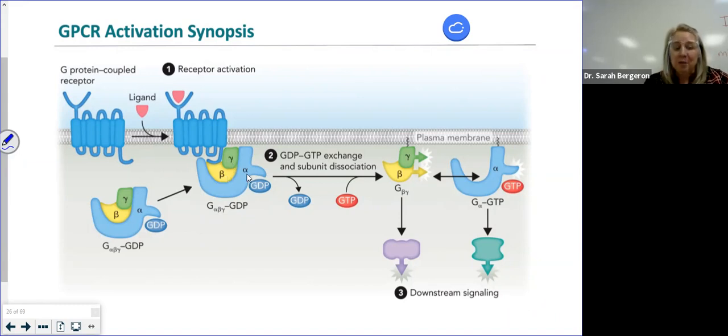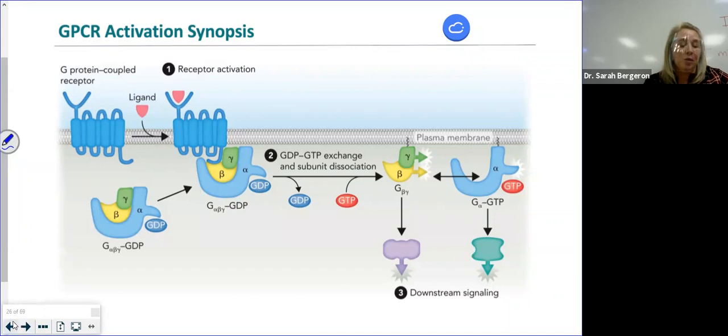The alpha subunit is typically bound to GDP. But when the receptor binds and it activates that receptor, what's going to happen is that this alpha subunit is going to exchange GDP for GTP. When that exchange happens, you dissociate the other subunits from the G protein. And when those subunits dissociate, now we're going to induce some downstream signaling events from occurring.